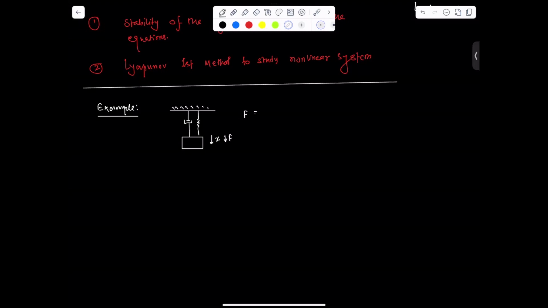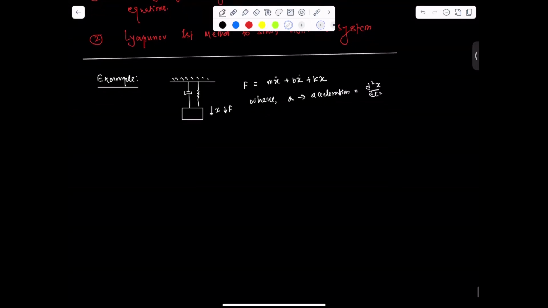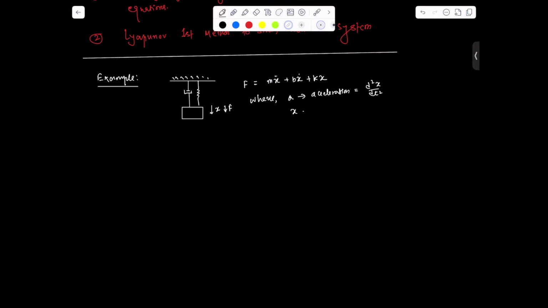So the force balance equation we can write: F equal to m x double dot plus b x dot plus k x, where you can assume a is the acceleration, which is nothing but the second derivative of x with respect to t, x is the displacement of the mass, and x dot is the velocity, which is nothing but dx/dt.